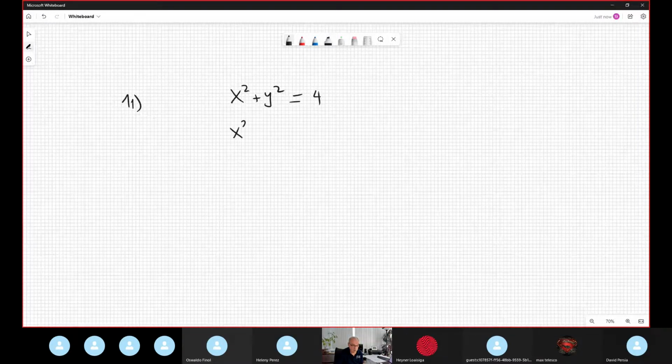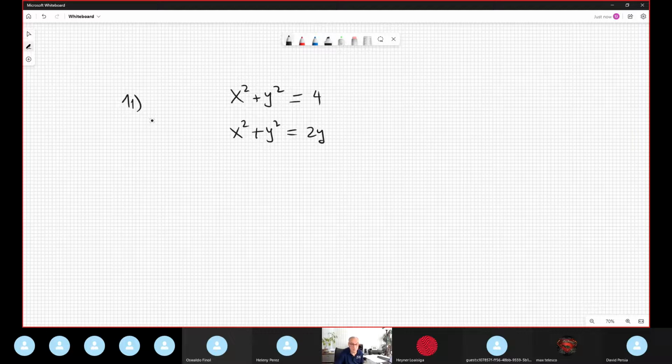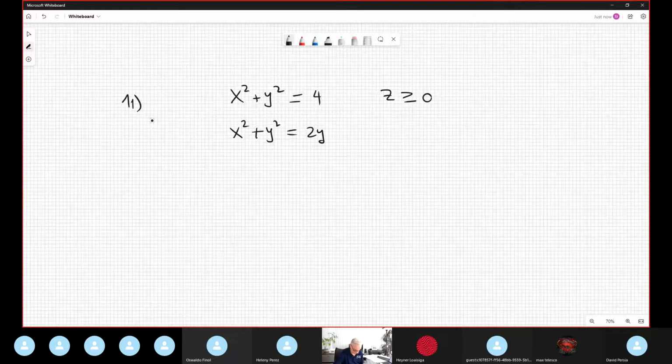And x squared plus y squared equals y is another circle, but with some translation. Basically two circles, and z is greater than or equal to 0, in the first quadrant.